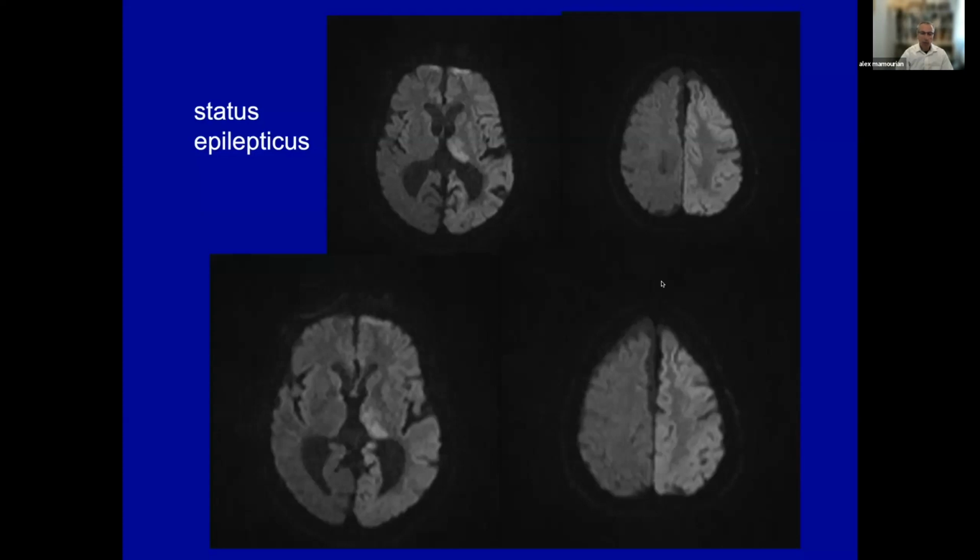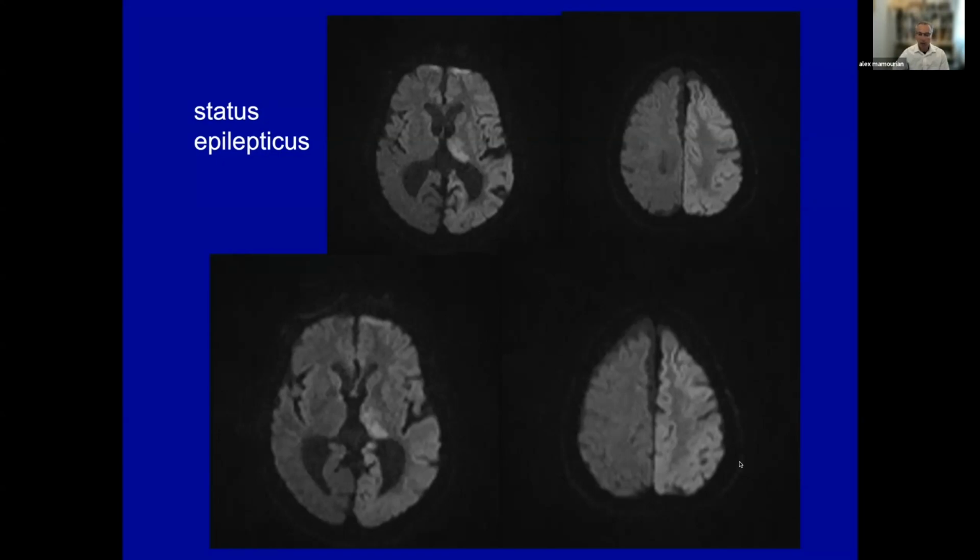In this case, this was a patient with status epilepticus, and you can see diffuse cortical restricted diffusion at the time of seizures, if you image them close to the time of seizing or even while they're seizing. And here you can also see abnormal signal in the thalamus, which may be part of this excitation in the circuit of Papez, because remember the thalamus is part of that pathway.